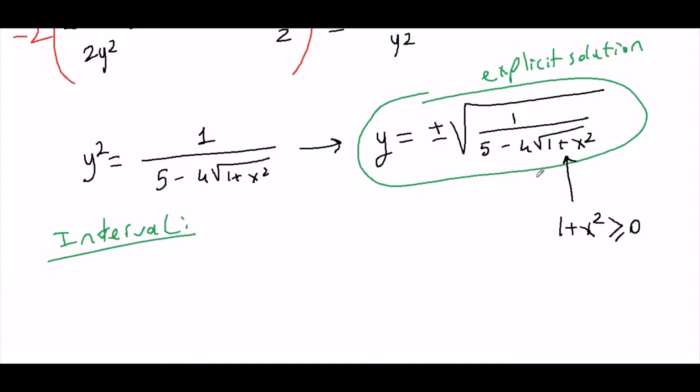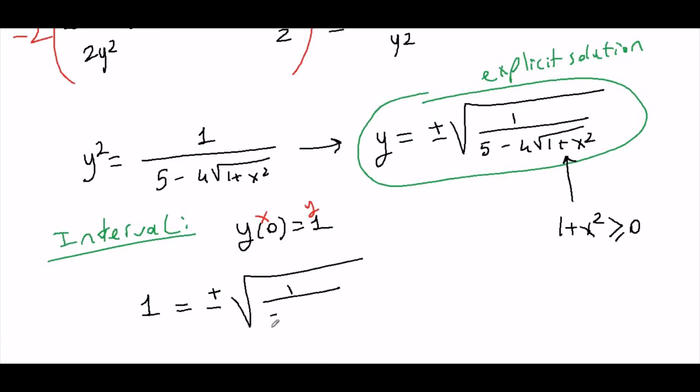Now we're going to apply the initial condition and check whether we're going to accept the plus or negative sign for the solution. Our initial condition was y of 0 equals 1. Here our x value is 0, our y value is 1. So if we plug in, 1 is equal to plus or minus the square root of 1 over 5 minus 4 times 1 plus 0 squared.